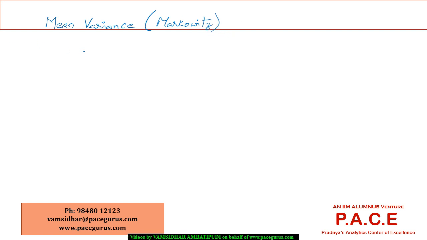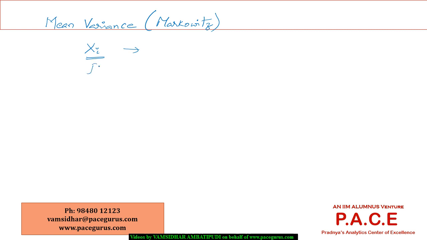Here we are talking about different asset classes or different assets X_i, which are nothing but different securities. For each security we are taking the returns and calling them X_i.